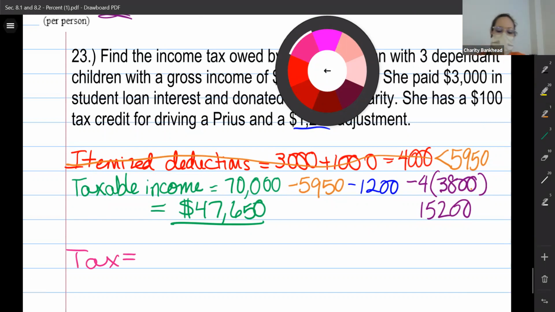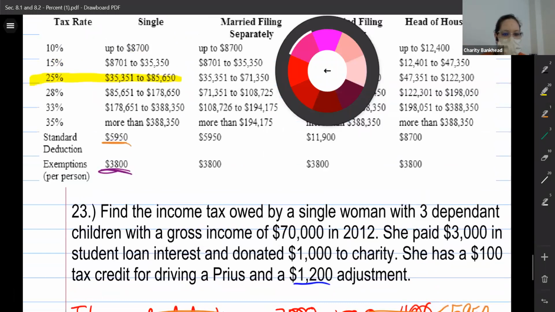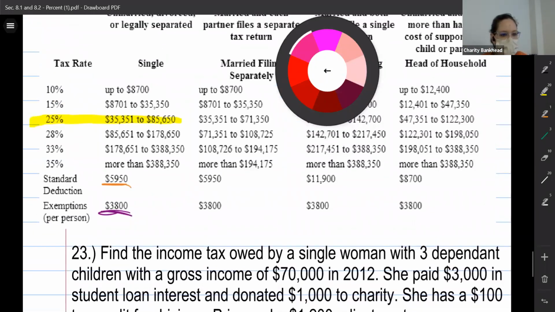All right, so the way this works, I did not used to know this for a long time, but she's in the 25% tax bracket. So I used to think that that meant that she would pay 25% of her income, but that's not actually quite right.